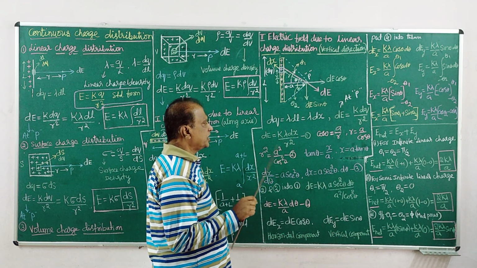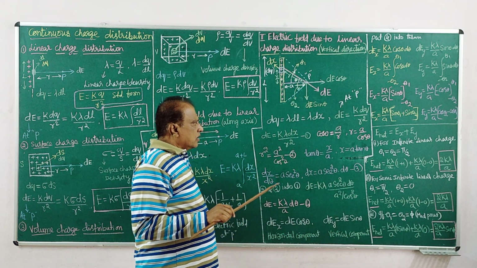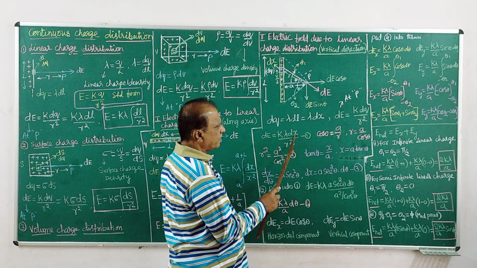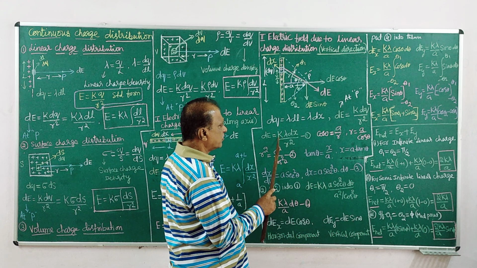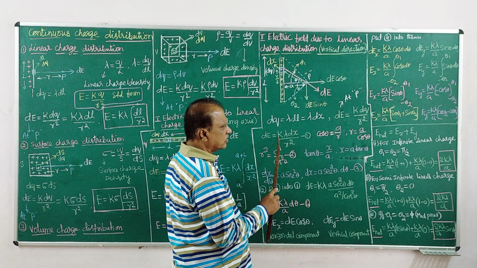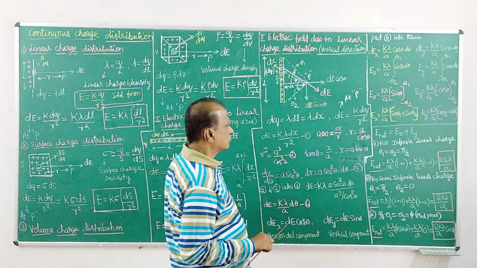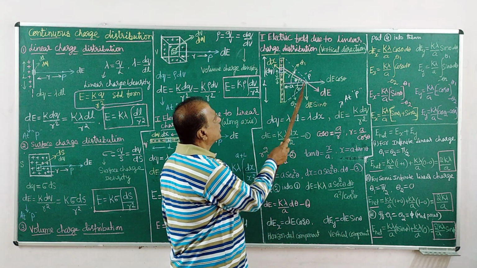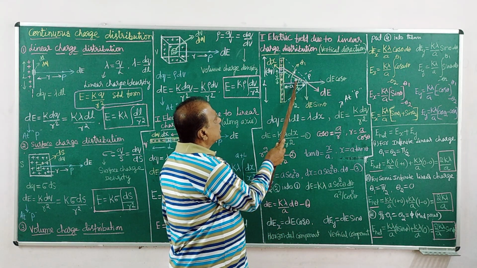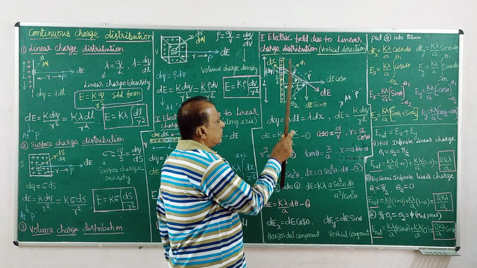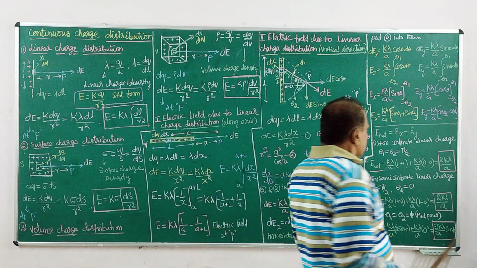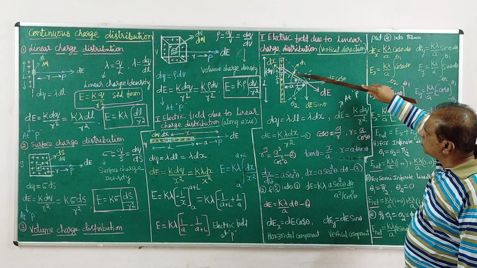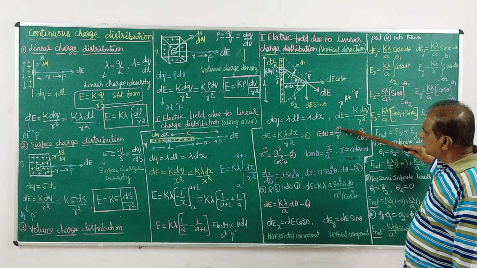So in terms of theta, what do we get? If we express everything as a function of theta, the integration is easy. For that, let us take cos theta. The triangle is a right-angled triangle, and this is theta. Cos theta is adjacent over hypotenuse, a by r.